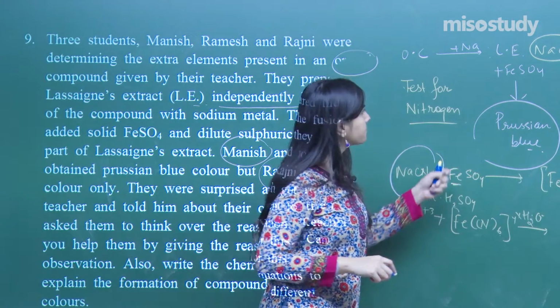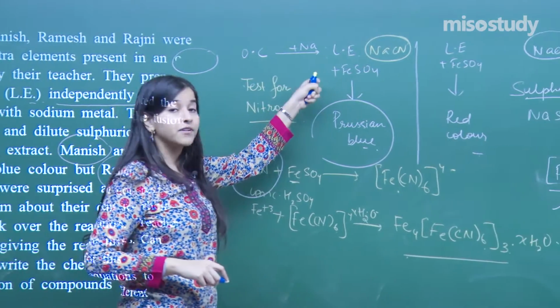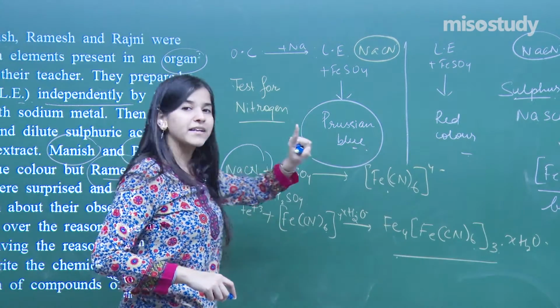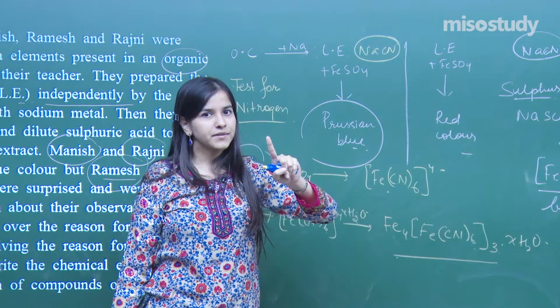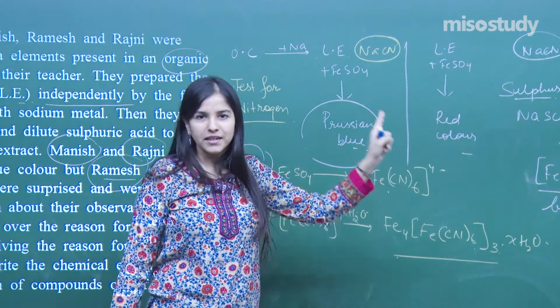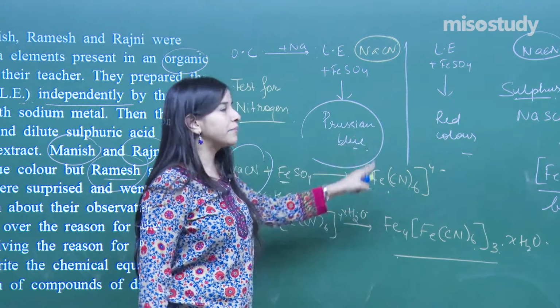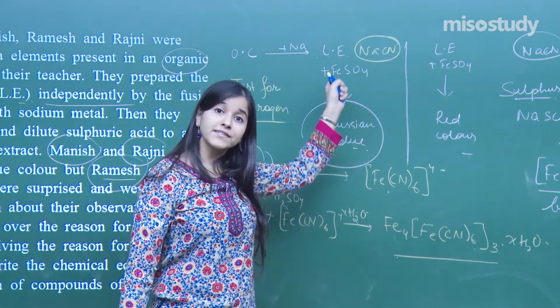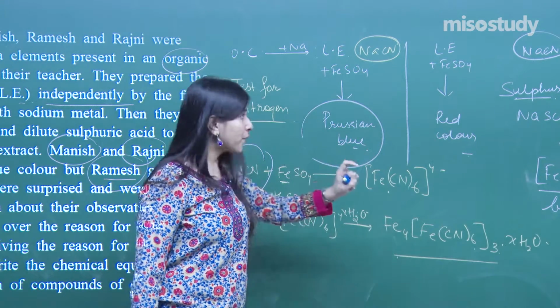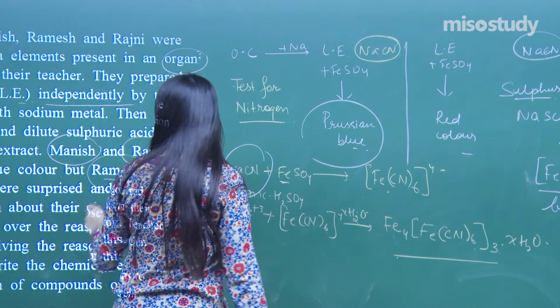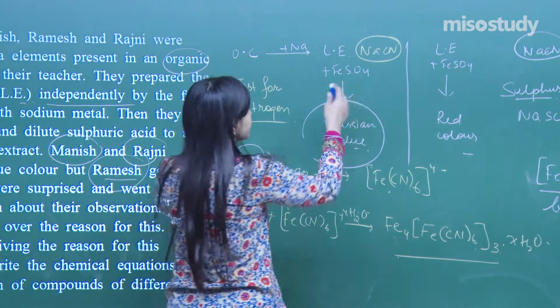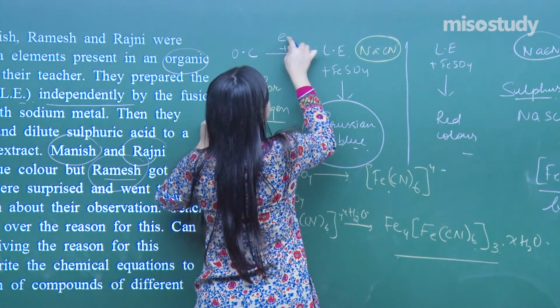That means here also sulfur would have hindered, because the organic compound taken by them is the same. Now what is the catch over here? The catch is why we are not getting any blood red coloration, although there is the presence of sulfur here. What happens is, Manish and Rajni must have used excess of sodium.